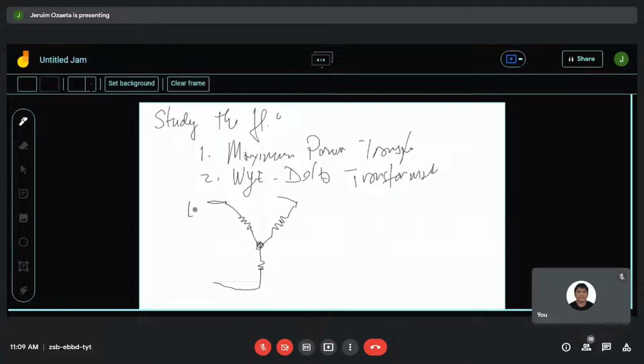So let's say this is line 1, line 2, line 3. This is R1, R2, R3. This star connection has an equivalent terminal value as if it is connected in delta. This is the Y, this is the delta. So let's say this is R1, R2, R3.